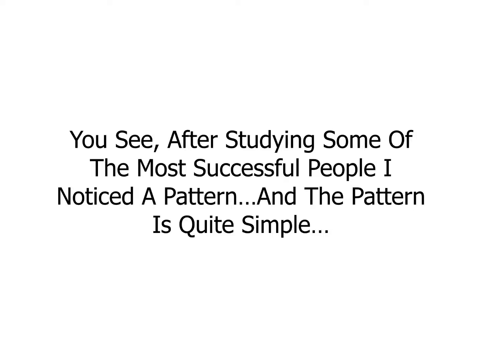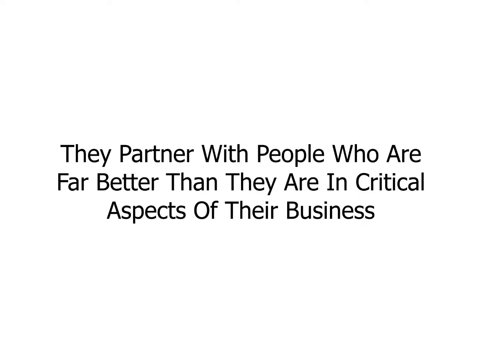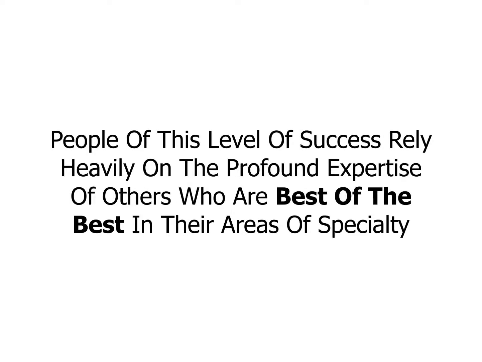You see, after studying some of the most successful people, I noticed a pattern. And the pattern is quite simple. They partner with people who are far better than they are in critical aspects of their business. Think Steve Jobs and Woz. Think Andrew Carnegie and his board of advisors, which led to the term mastermind being created. People of this level of success rely heavily on the profound expertise of others who are best of the best in their areas of specialty.